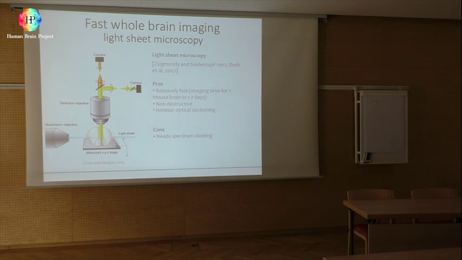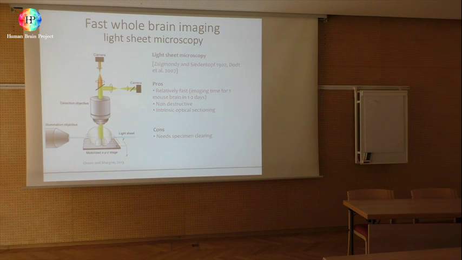You have to make hundreds of brains. If you take the paper of the Allen Brain Institute, they made about 450 brains to get good statistics. So you need to be fast. Otherwise, it's just a proof of principle. In the Human Brain Project, we are going to accumulate hundreds and hundreds of brains. We cannot accumulate only 5 brains in 5 years.